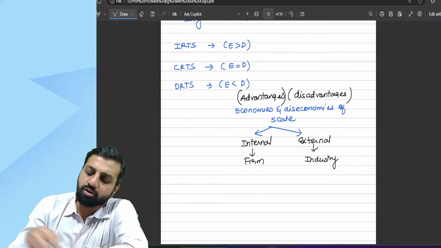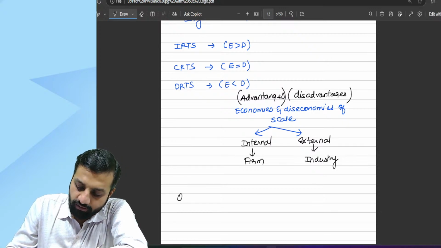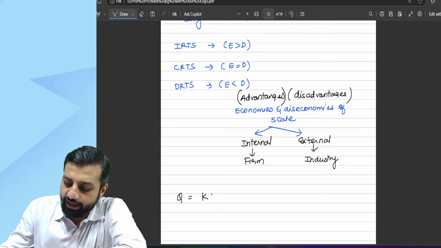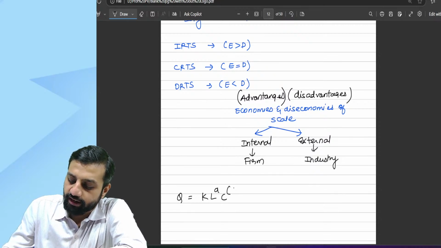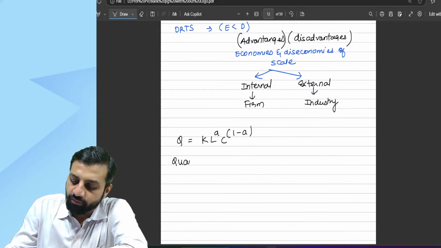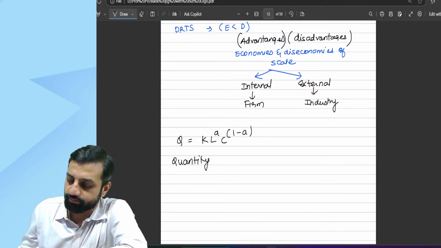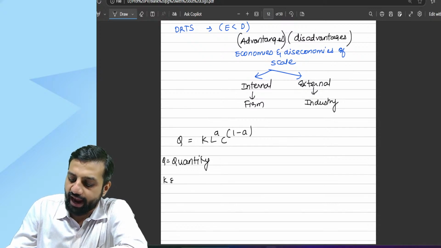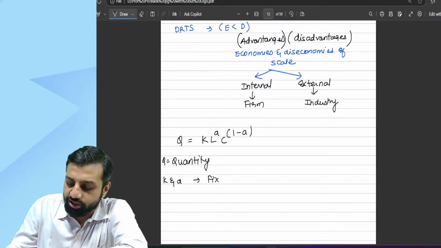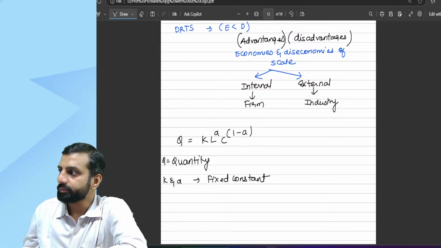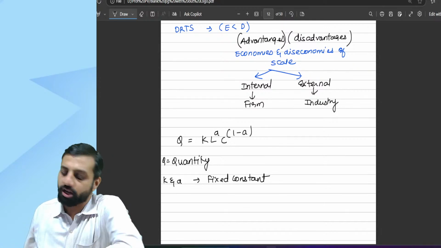So there is a function called Cobb-Douglas. Cobb-Douglas production function is Q equals K L raised to A C raised to 1 minus A, where Q is equal to quantity of output, K and A are fixed constants. K is a fixed factor of production.